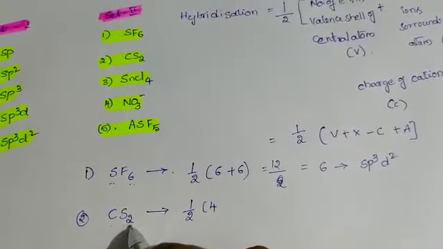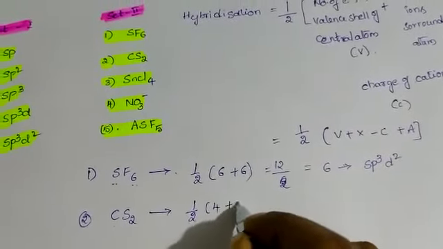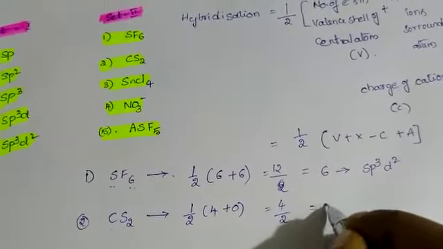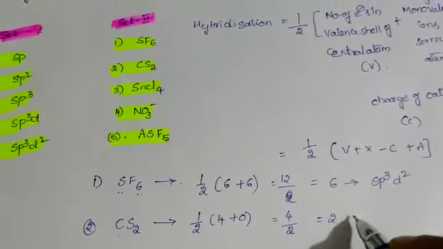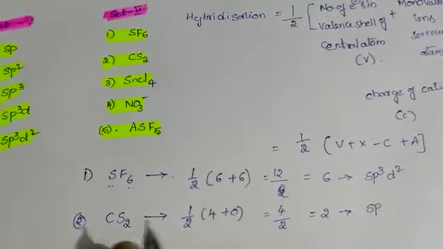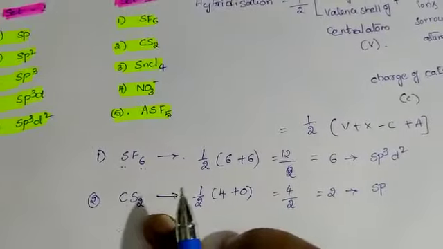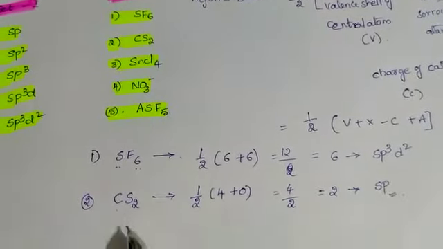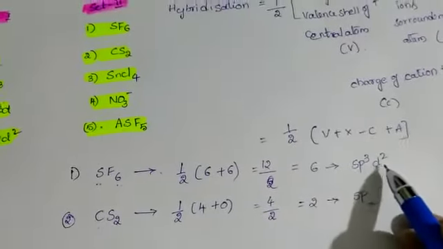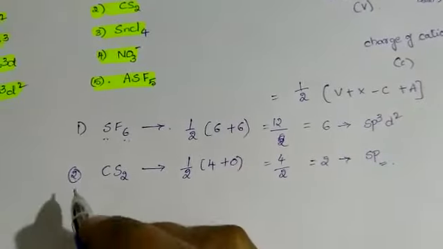Sulfur is divalent, so it is 0. 4 by 2 equals 2. Now 2 means sp hybridization is present in CS2. So CS2 undergoes sp hybridization, and SF6 undergoes sp3d2 hybridization.